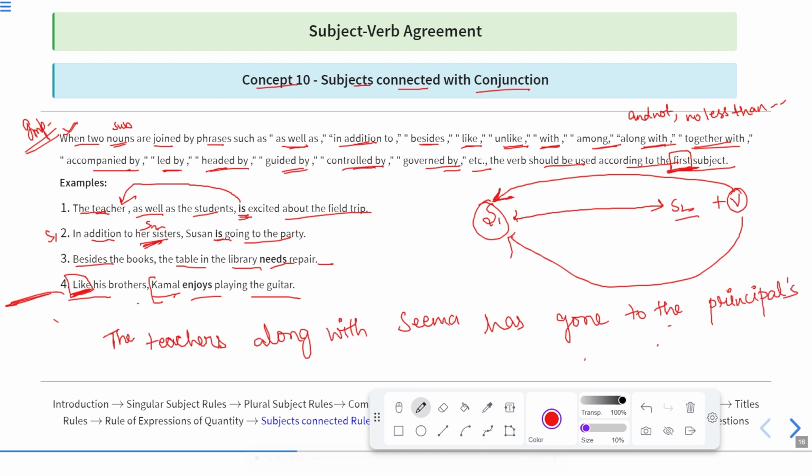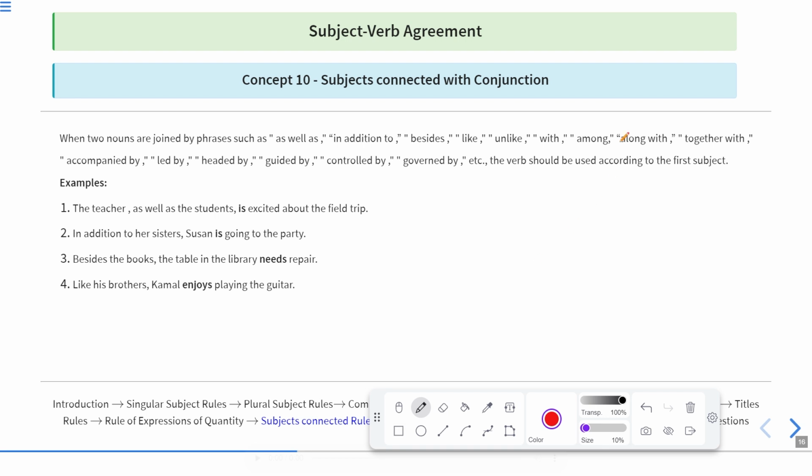Now, is this sentence correct? No, the sentence is incorrect. Why, sir? Here, the teachers are plural. That is why has should be replaced with have. So you should think this in your mind. Now, let us move to the next one.